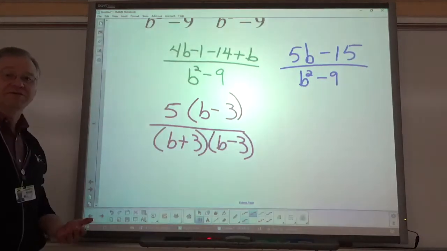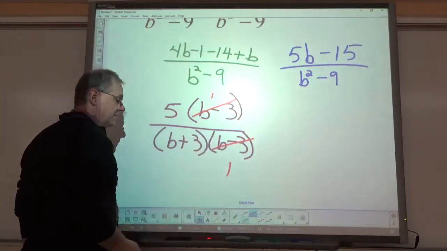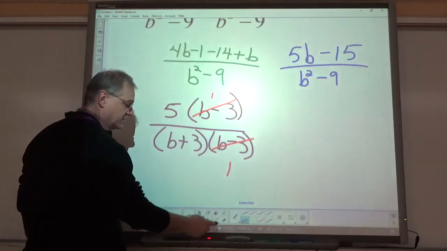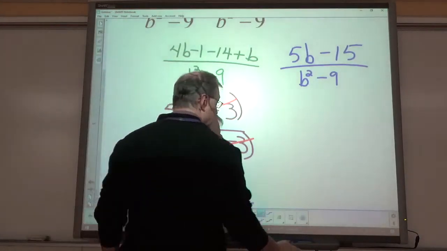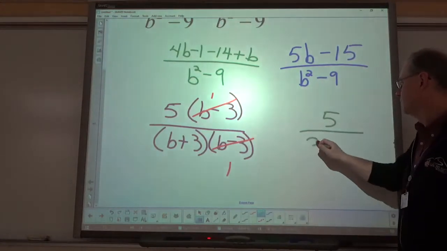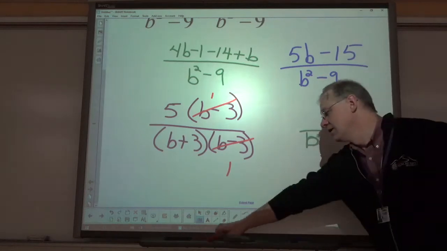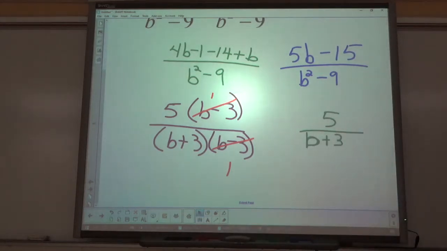Now it should be obvious that the b minus 3's cancel. And that's as far as we can go here. So our final answer is 5 over b plus 3. Whether it's in parentheses on the bottom or not is immaterial. All right, that is that problem.